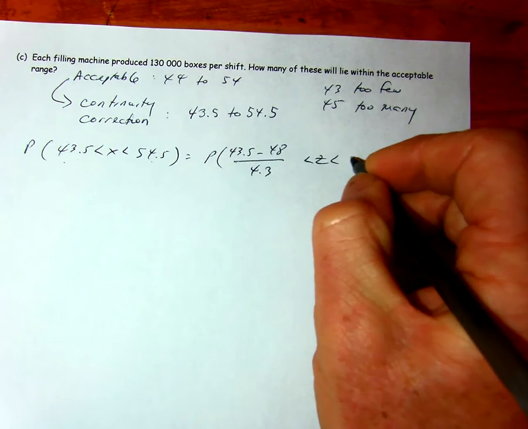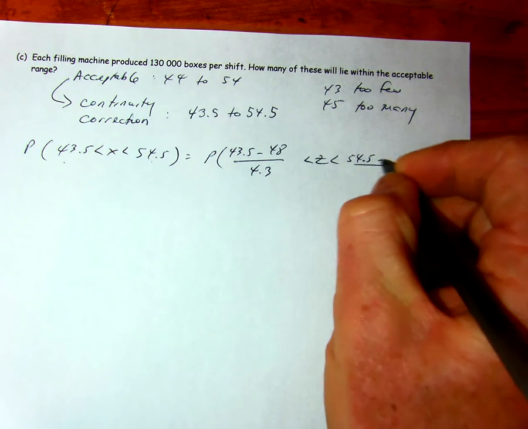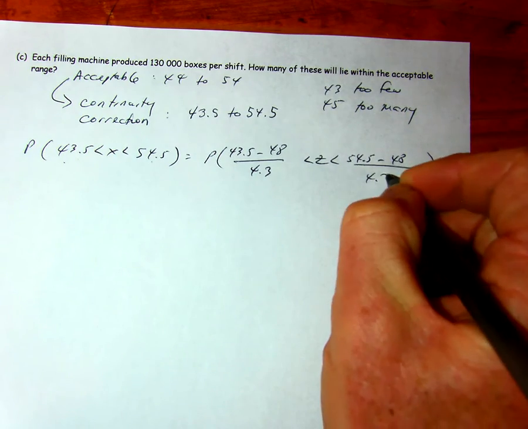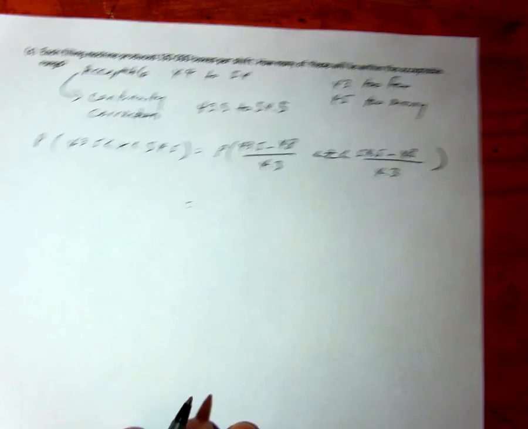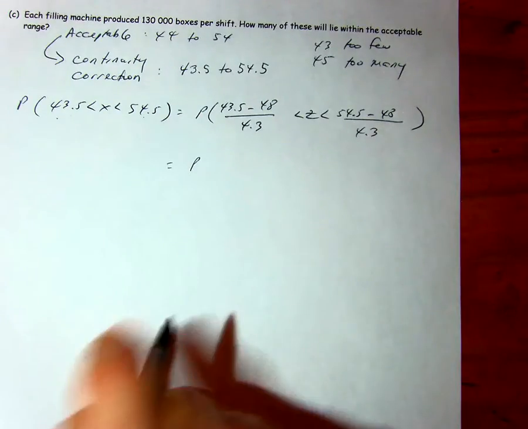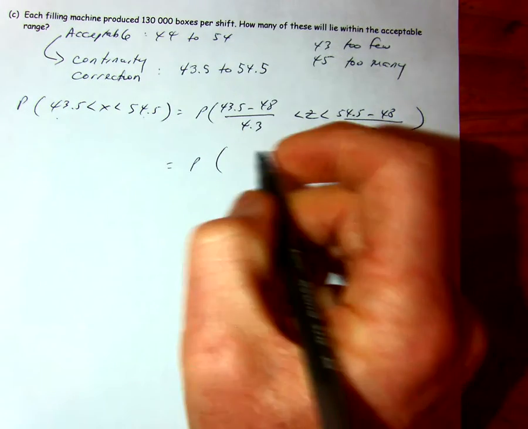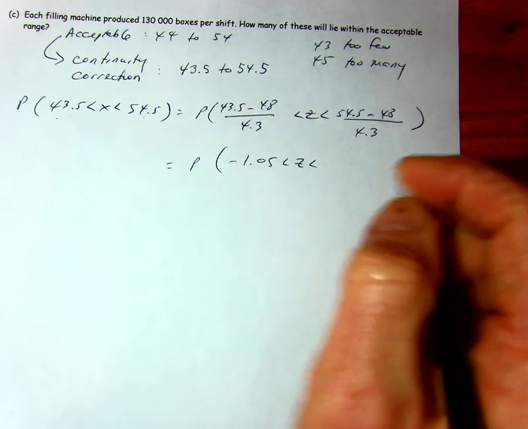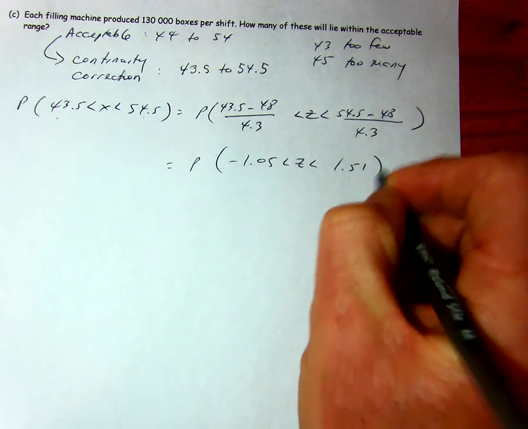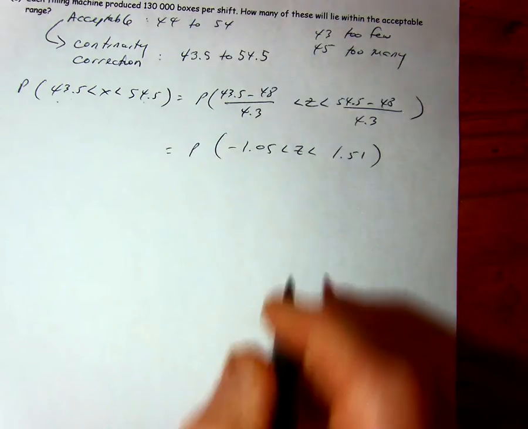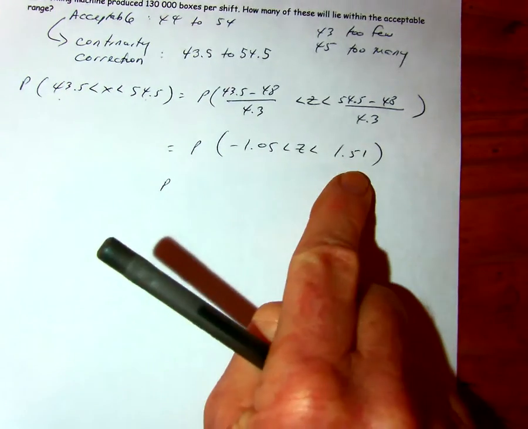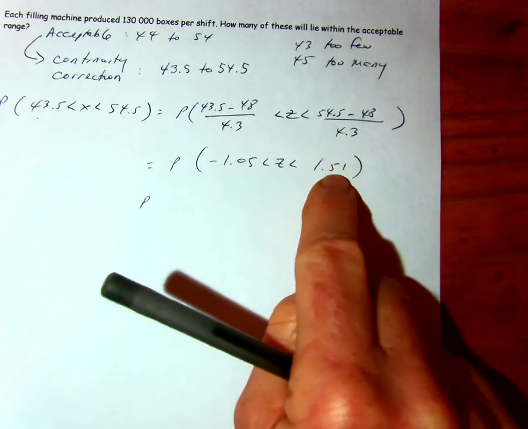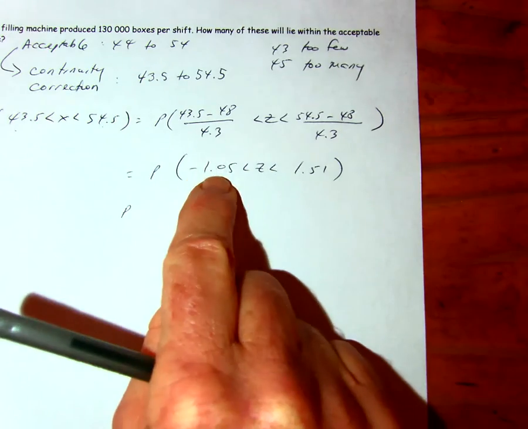This one would be 54.5 minus 48 over 4.3. And that's going to be minus 1.05. Alright, so then, again, when we have a range, you have to find the probability of z being less than this, subtract the probability of z being less than that.